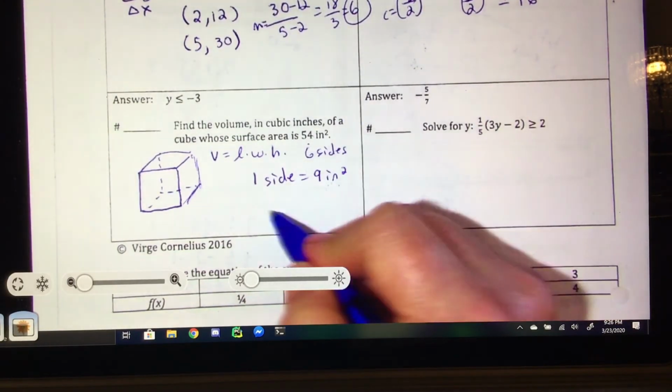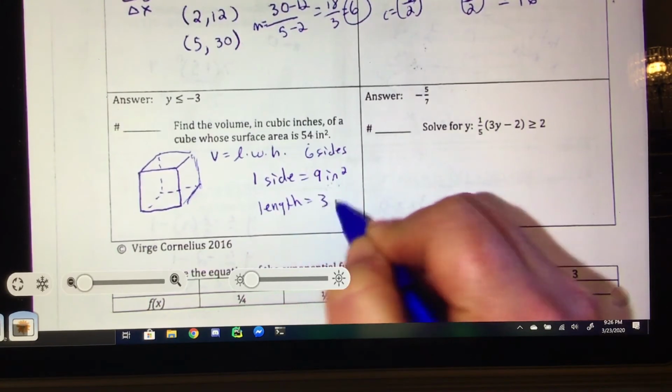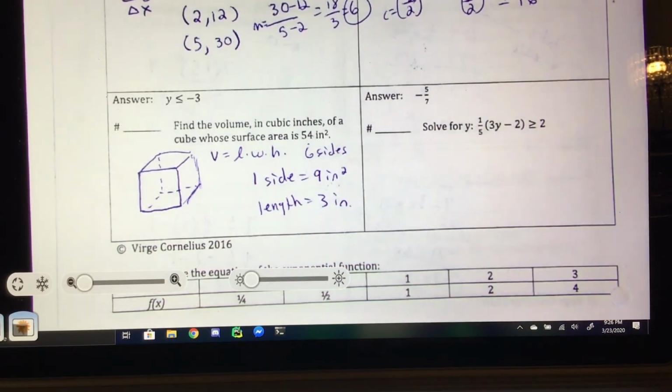And so the length in this case would be 3 inches. And I'm sure there's another way to do it. I actually probably would do 54 inches equals x cubed. No, that wouldn't work. No, I like the way I did it.